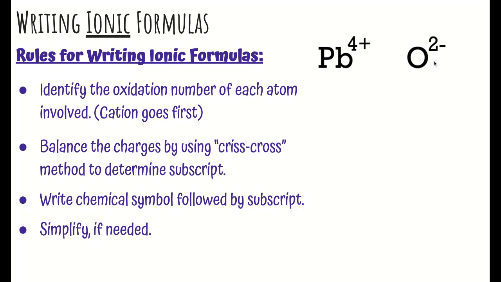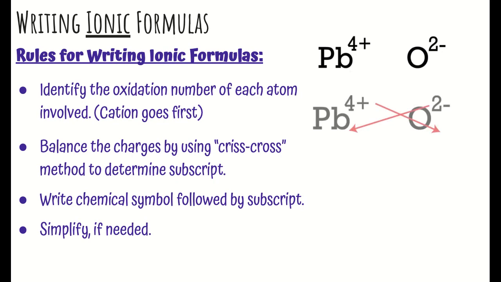And then we find oxygen. Oxygen's in group 16, so we know it has 6 valence electrons. It's going to need to accept 2 more valence electrons, which gives it an oxidation number of -2. Then you have to figure out what the subscripts are going to be.